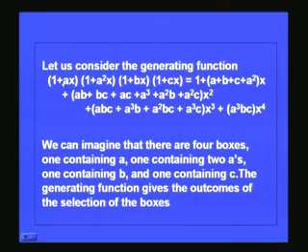What does this represent? It represents the following thing. You can imagine that there are 4 boxes, one containing A, one containing 2 A's, one containing B and one containing C. The generating function gives the outcomes of the selection of these boxes. So, you are having 4 boxes.